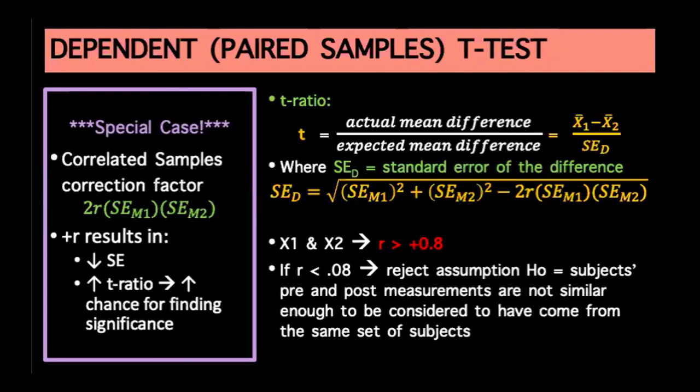But with a decreased standard error, which has an inverse relationship to t, that would mean our t ratio increases. So when we compare paired samples to independent samples, it's actually easier to find significance in paired samples, okay? And I give you an example of that in the practice problems for this section.